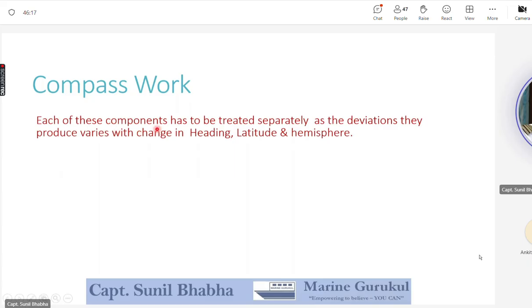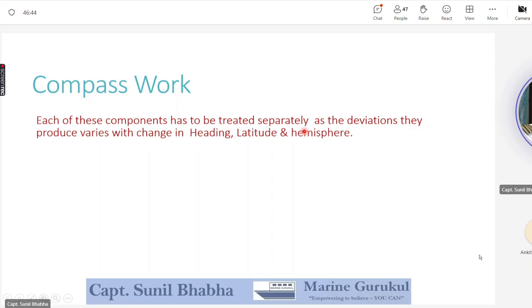Now each of these components has to be treated separately. You see, permanent magnetism 3 components, fore and aft component, outward shift component, vertical component, and induced magnetism in fore and aft structures, horizontal outward shift structures, and vertical structures.